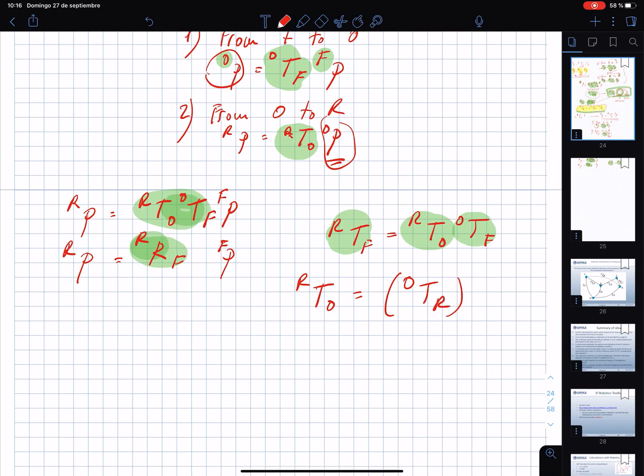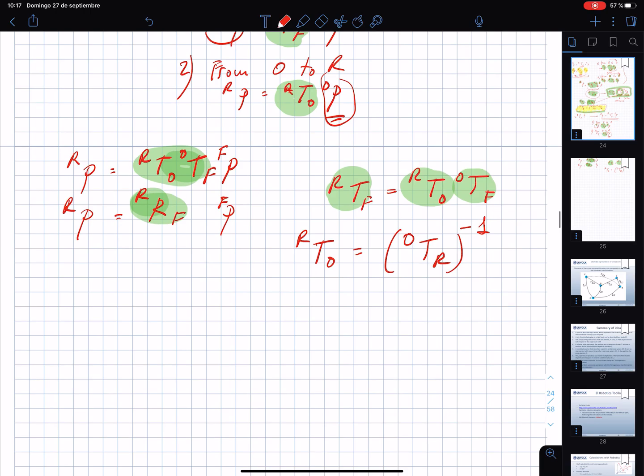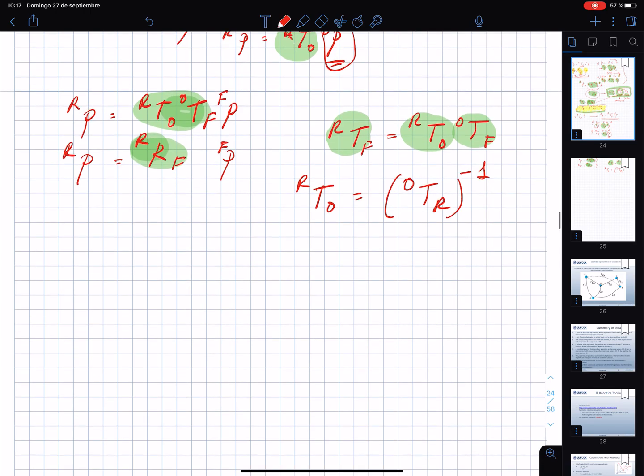In order to check that, you would just need to invert the matrix relation between coordinates in 0 and coordinates in R. So this is just the inverse.